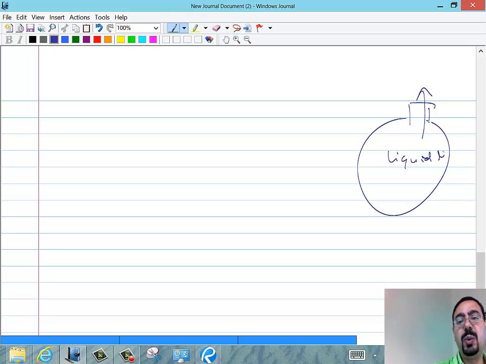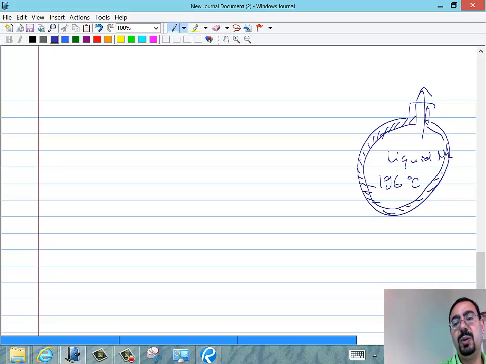So they use liquid nitrogen for cooling because at atmospheric pressure it will be sitting at minus 196. So if you want things to be a little bit cold, you basically surround them with liquid nitrogen.